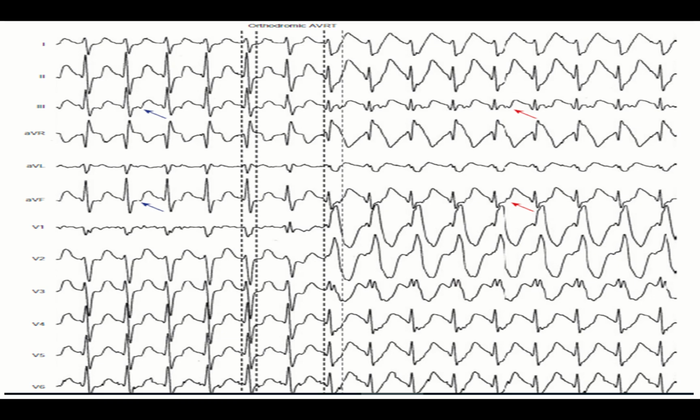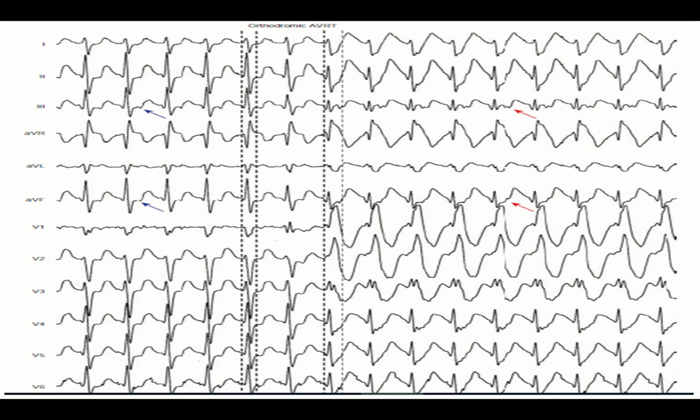Here is an example of a patient who has 2 accessory pathways. On the left side, we can appreciate an anteroseptal accessory pathway and an RP of about 70 milliseconds. Then it suddenly becomes a wide complex tachycardia. V1 shows typical right bundle morphology.